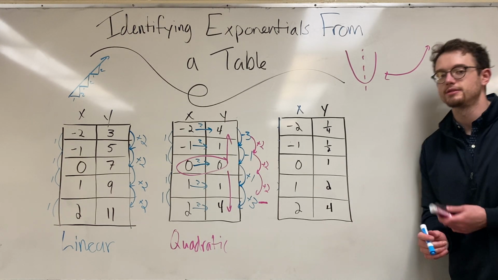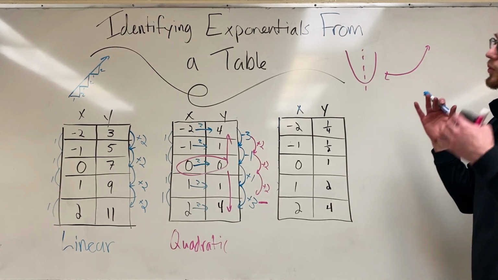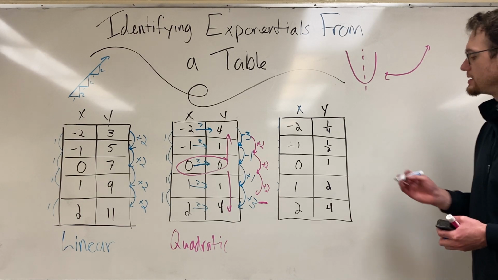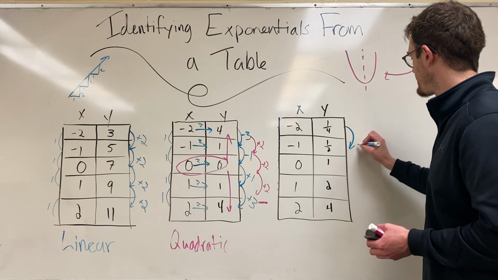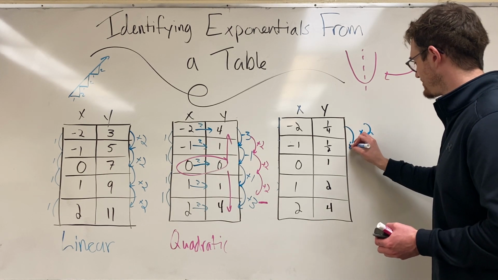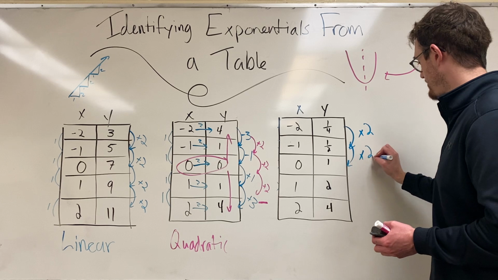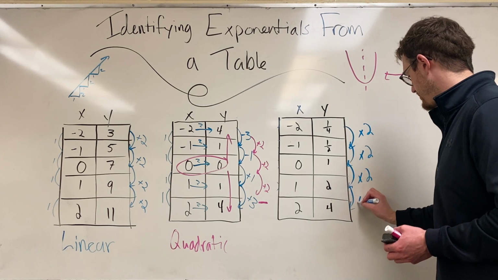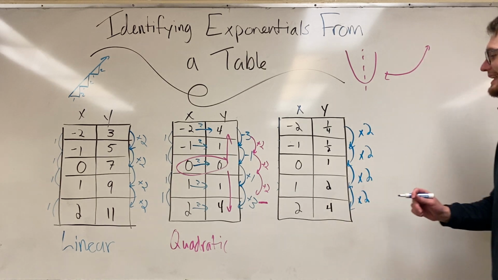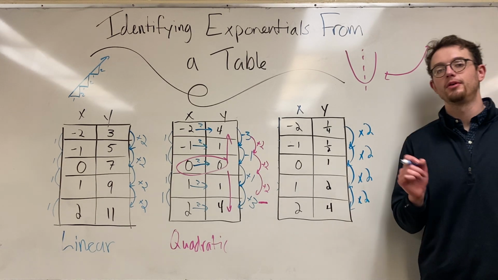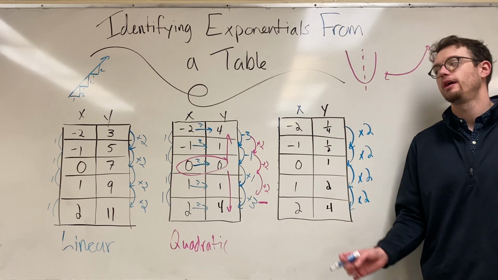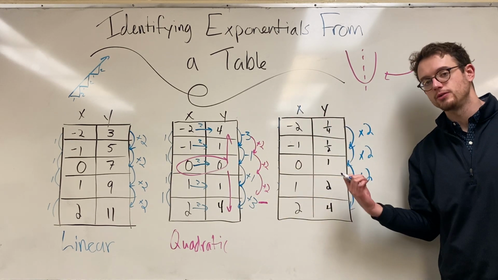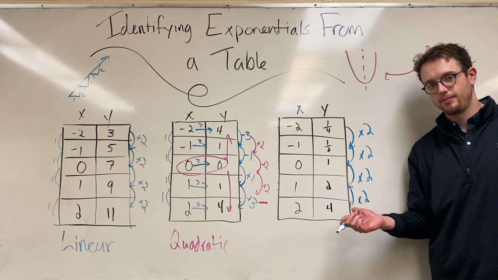Now I'm assuming all you guys are like, oh, you finally got the exponential one. So why is this the exponential one? It's exponential because it's multiplying by the same number over and over again. I know in my other videos I talked about how linear was addition or subtraction, and exponential is multiplication.